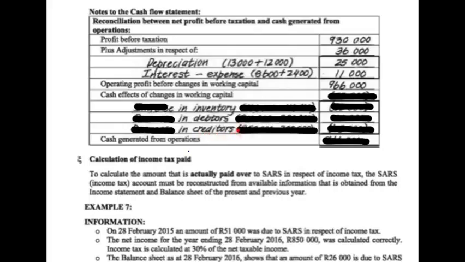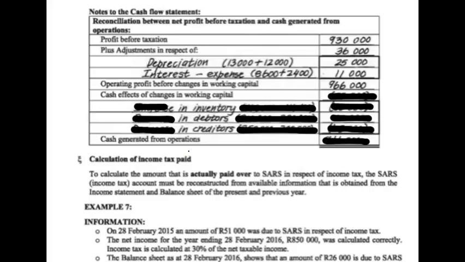Creditors actually refers to everything to do with trade and other payables. So it includes creditors, but it also includes expenses payable, income received in advance, and anything that might be there in terms of salaries and wages, pension fund, creditors for salaries, medical aid fund, UIF, anything else that had to do with note number 9.